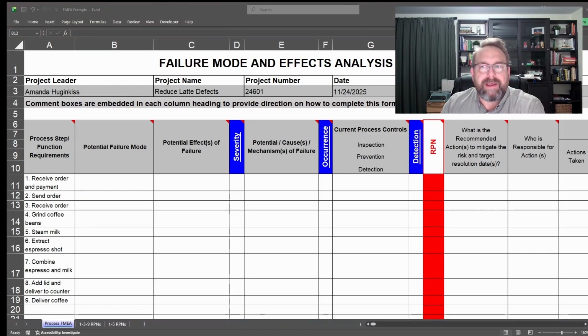You may want to add a column if you're using a longer notation, but it's a good idea to number these, especially if there are identical process steps, because we are going to sort all these risks and all these effects by RPN, and they will be immediately out of process order. For example, if you have notified customer in your process multiple times, you want to be clear on which one of those process activities you're focusing on for remediation.